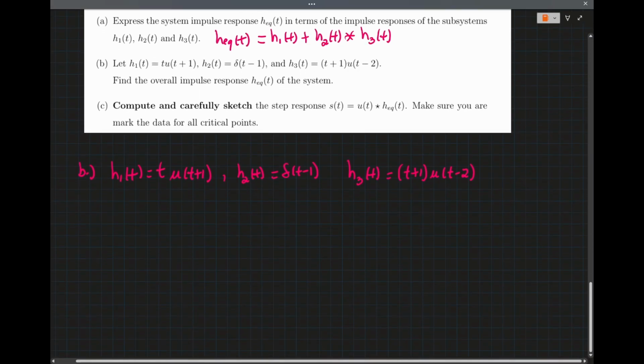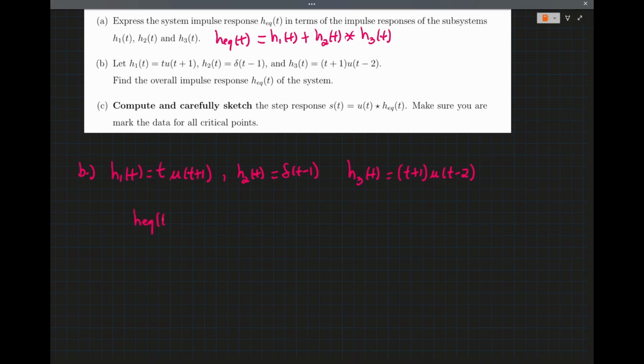Now let's find the equivalent impulse response. This is the time domain version of the transfer function of a linear time invariant system. So the H equivalent is the transfer function, in the frequency domain.